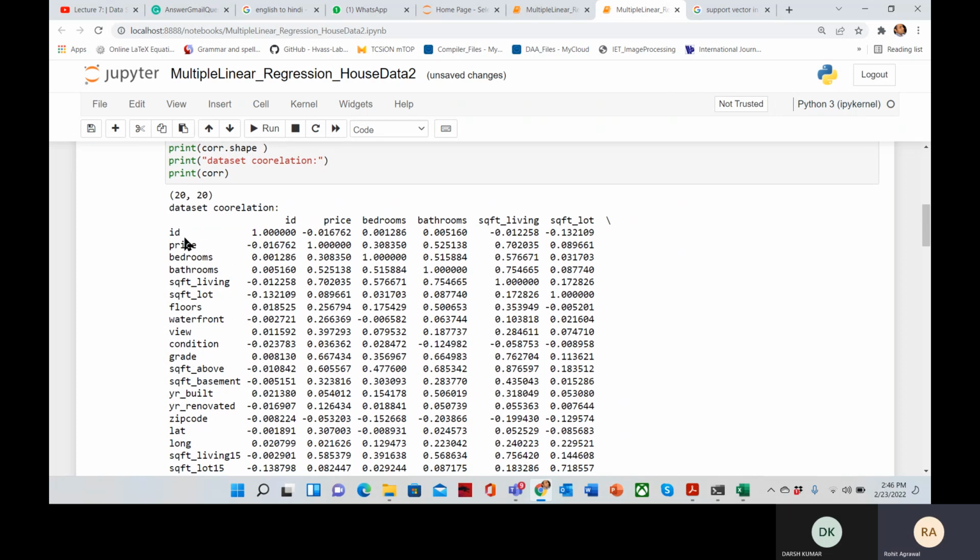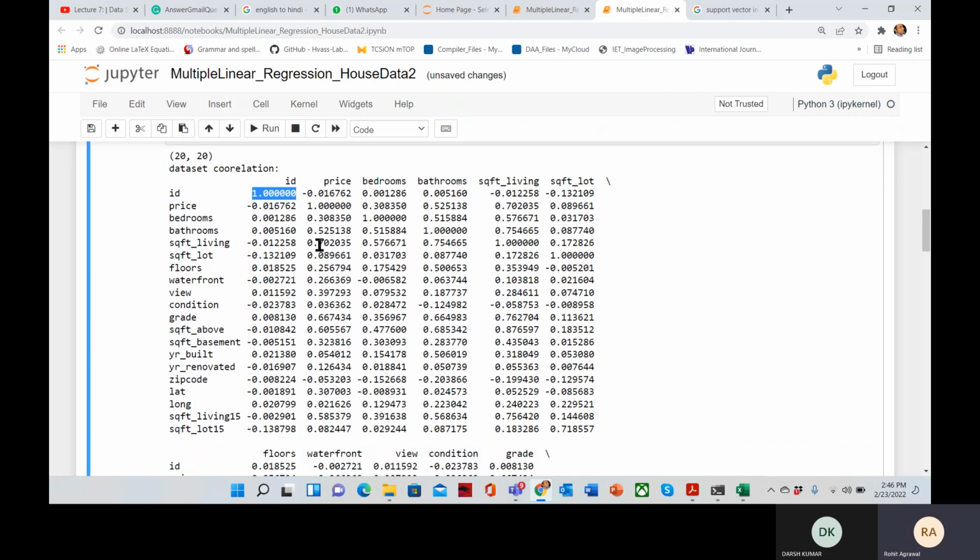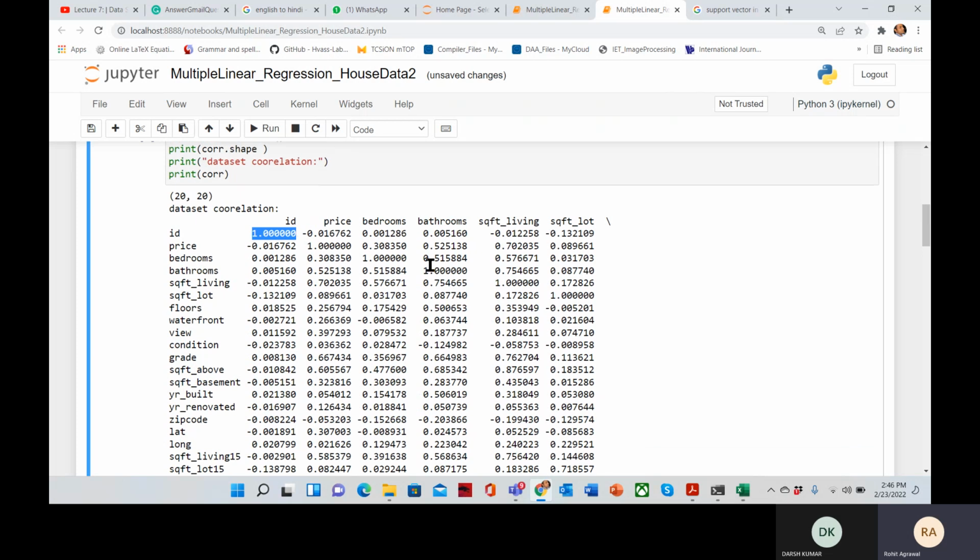Yeah, now you can see it is just like a matrix. Okay. So ID versus ID is 1, obviously, because both are the same. And if they are inversely correlated, that means -1. So you can see all the diagonal values must be 1.